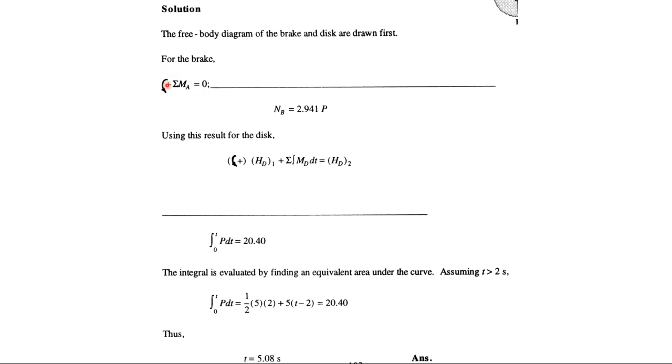For the brake, the sum of moments around point A is equal to 0, to find the value of the reaction force at B in terms of P. Then, using this result for the disk, the equation HD1 plus the sum of the moments around point D as a function of time is equal to HD2. We find the equation that the integration of the force P as a function of time from 0 to t is equal to 20.40, and by solving, we find that the time is equal to 5 seconds.